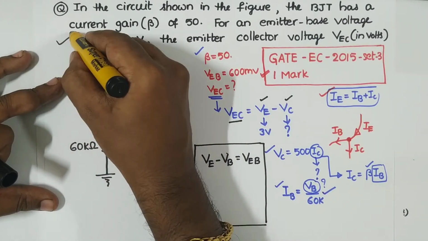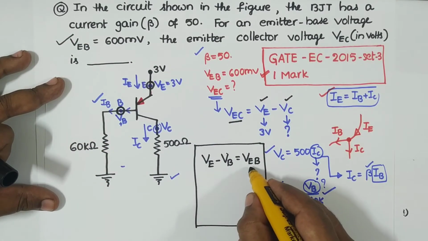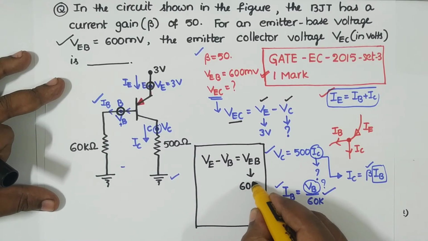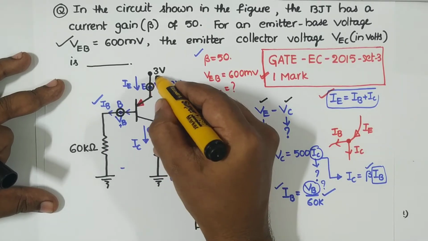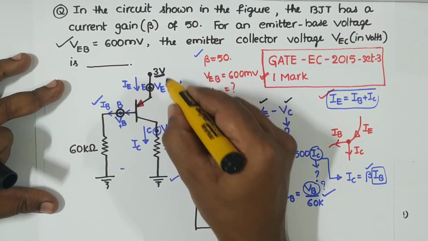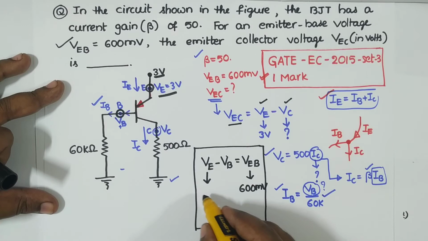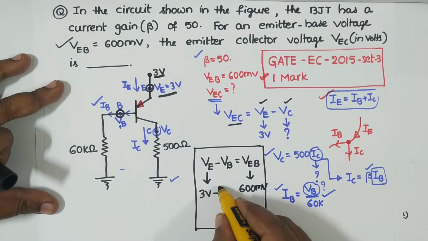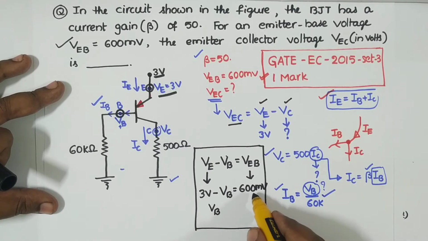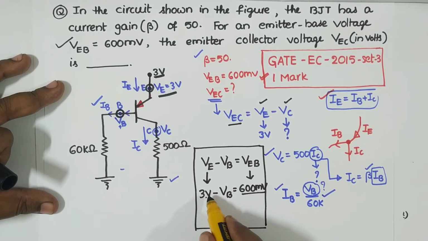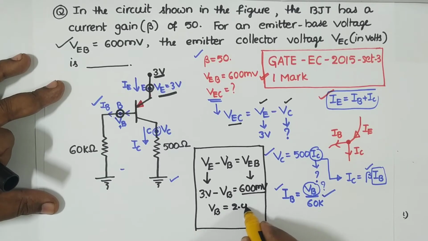VEB is given to you as 600 millivolt, and VE, the emitter node, is 3 volts. So 3 volt minus VB is equal to 0.6 volts. What is VB now? 3 minus 0.6 is 2.4 volts.